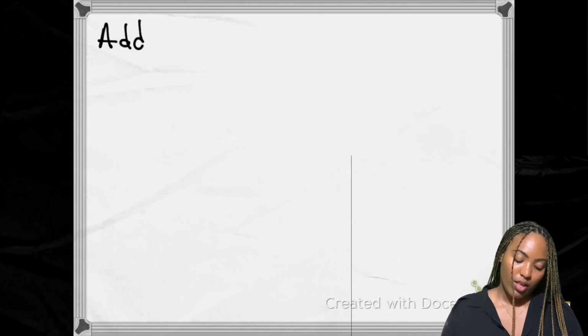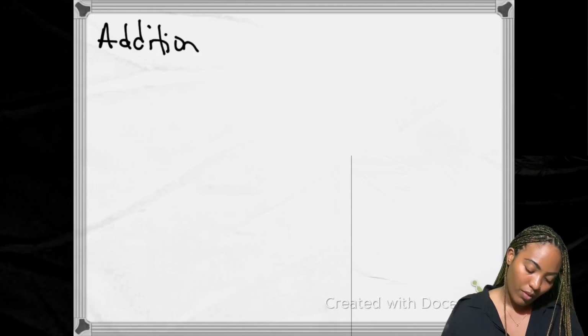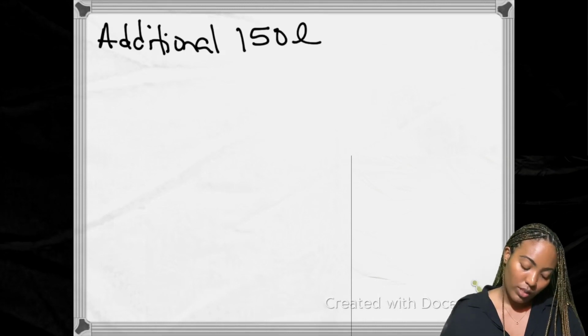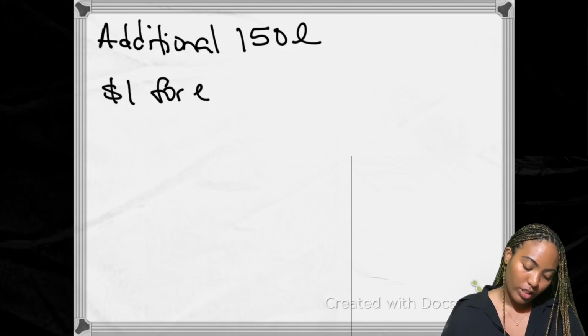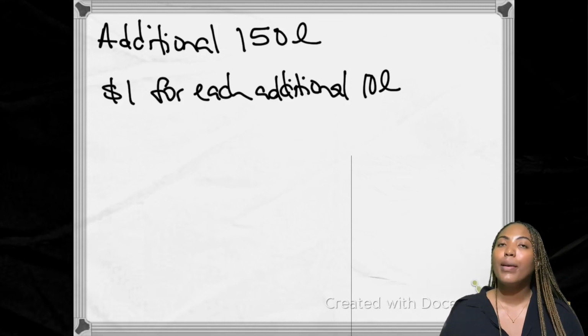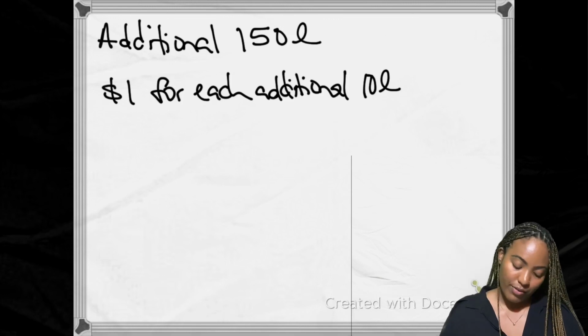Now we're just focusing on the additional 150 liters. They told us that we pay $1 for each additional 10 liters. So we need to find out how many times I can get 10 liters out of 150.